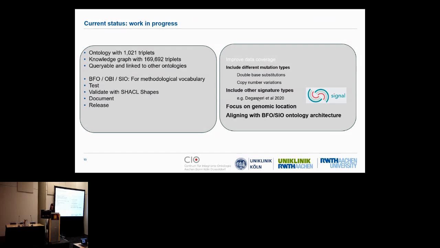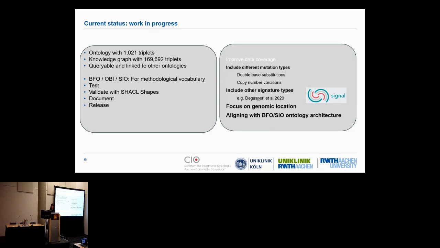data. But in a further step, what we would like to do is to improve the data coverage and include different mutational types. As I mentioned, currently we're only modeling single base substitutions, but we would like in the future to also model all the types of mutational signatures that are in the COSMIC set, but also relate them to other sets.